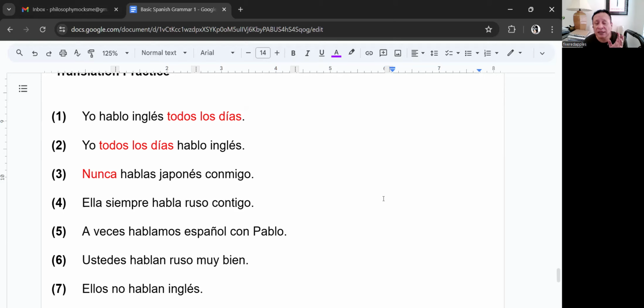And in Spanish, it's not so weird. So number 2, in Spanish is not so weird. Yo todos los días hablo inglés. Perfectly good Spanish, not weird. But number 2, really, I only put it just to make this point. The point is that when you're making sentences in Spanish, if you're thinking of the English, you're like, oh, I would say I speak English every day, and so the expression every day comes at the end.